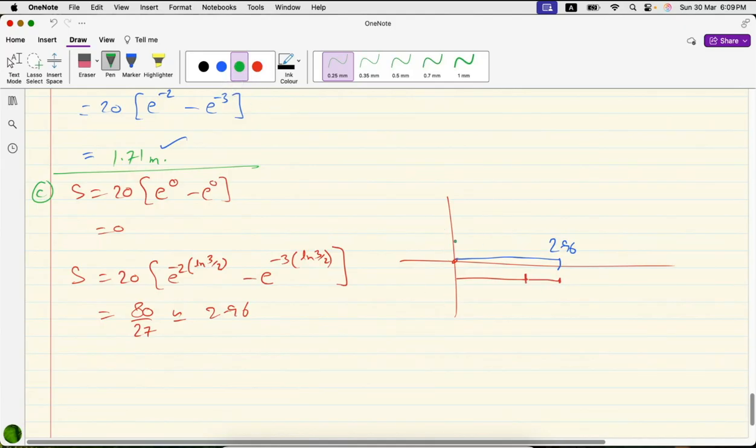So basically, the particle traveled 2.96 meters in the first 0.405 seconds, and then this is the distance it is covering, because it is at this position when time is 1 second. So I need to find this, which will be the difference of both of these values: 2.96 minus 1.71.